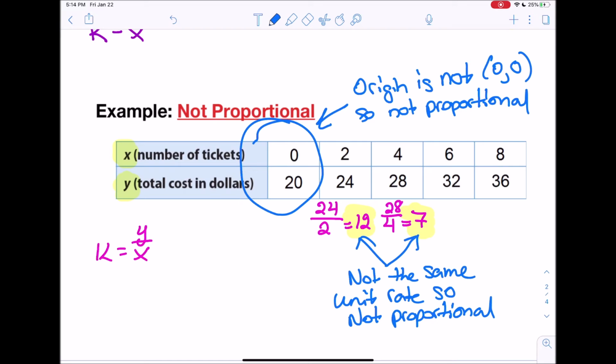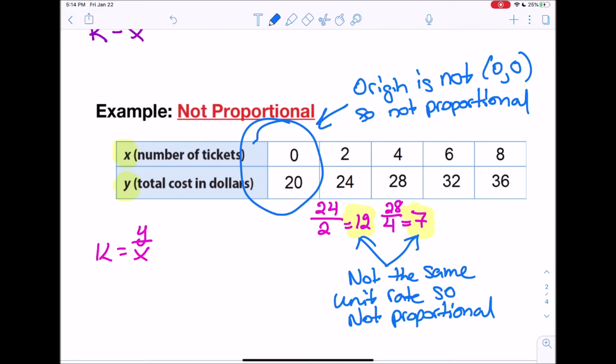Okay, and the origin not being 0, 0, it makes sense why this would not be proportional, because for some reason they bought 0 tickets, but they paid $20, and that doesn't even make sense. A unit rate means it goes up at the same constant rate, right? It changes, or it goes up by the same amount each time.